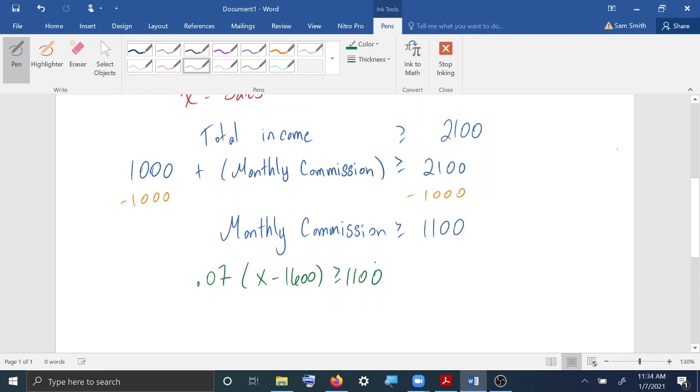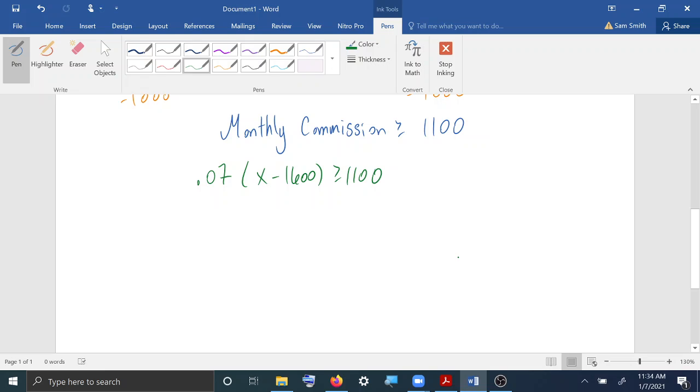Now the last thing for us to do is to solve for X. There are a few different ways you can approach solving for X. The method I would take is to eliminate this 0.07 first. Because 0.07 is being multiplied, you can eliminate it by doing the opposite of multiplication, which is dividing. So I'll divide both sides by the positive number 0.07, and that will eliminate it from the left-hand side.